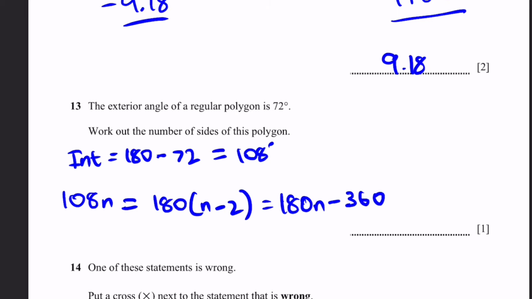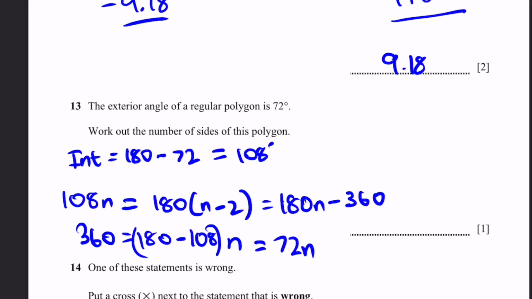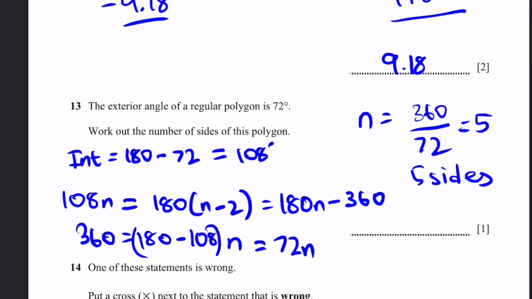Bring the 360 to the other side and 108n to the other side. 360 equals 180 minus 108 multiplied by n. So that'll be 72n. So n equals 360 by 72, which is equal to 5. So 5 sides. That's a pentagon, a regular pentagon.